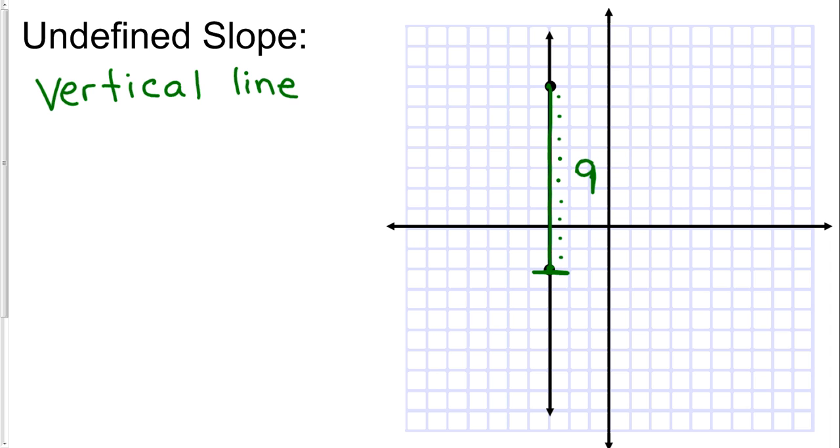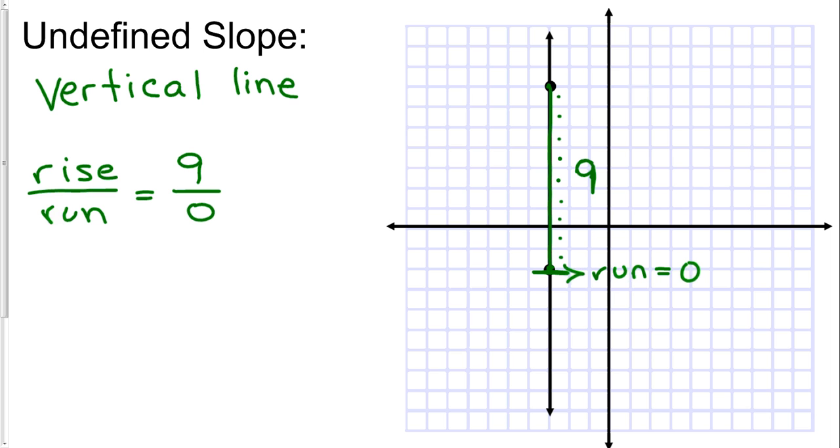But the run is 0. This graph does not move left or right at all. So when we go to write our slope, rise over run is 9 divided by 0. Well, we can't divide a number by 0. So when that happens, we have an undefined slope.